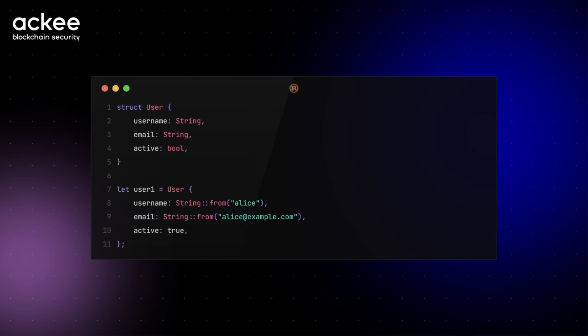So it is called user, then we specify the username, email, and active. So we create a new instance of the struct user. You can see in the definition of the struct, you need to provide the types of fields. That's all for the structs.